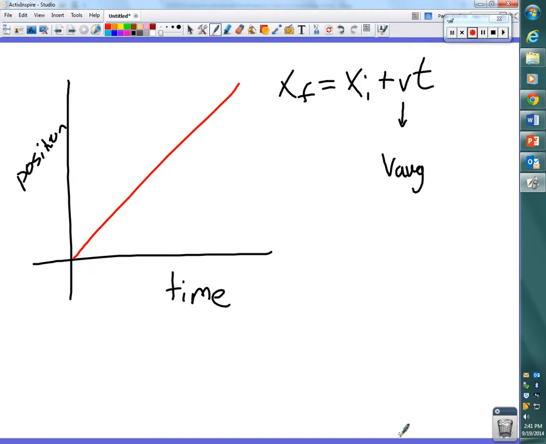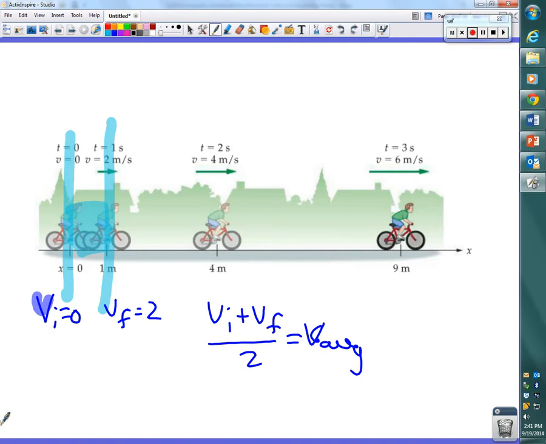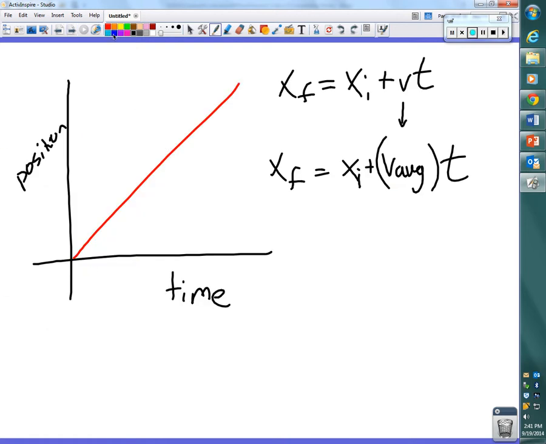All right? So technically, this equation looks like this. Okay? But we just talked about the idea that if a velocity is changing, the average velocity we can calculate if we know the initial velocity and we know the final velocity, and we just divide it by 2. Okay?